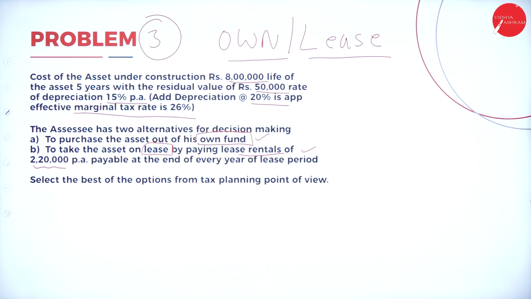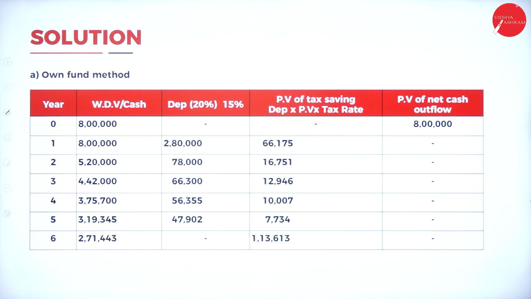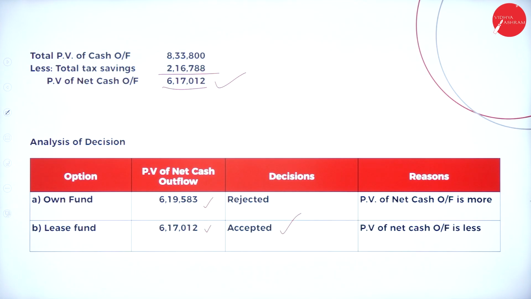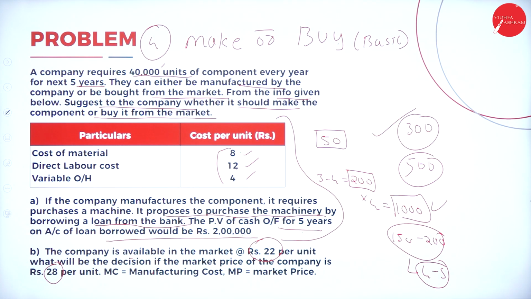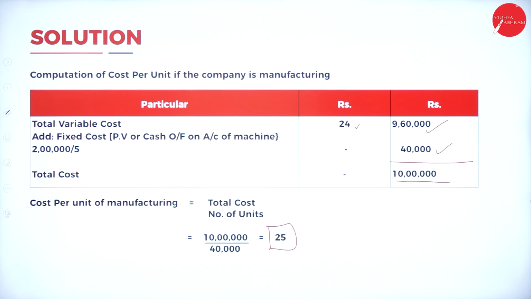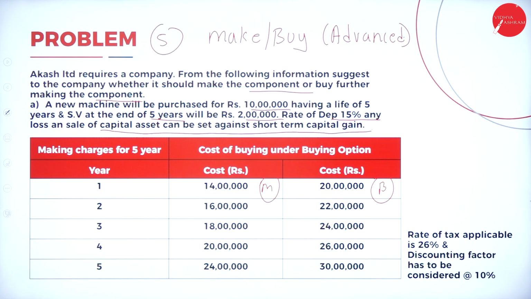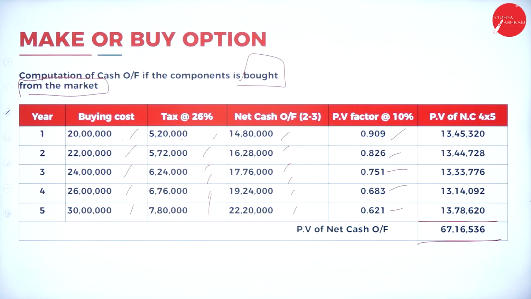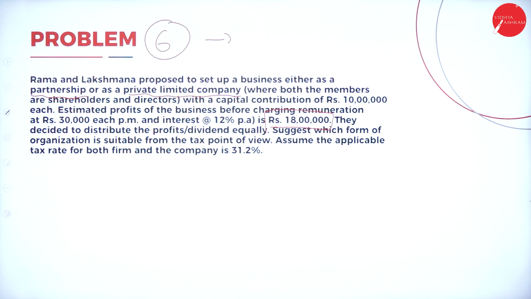Your problem number 3, own fund or lease fund. This is your problem number 4, make or buy decision. This is your problem number 5, make or buy decision, advanced type of problem. This is a make or buy conclusion, last step.